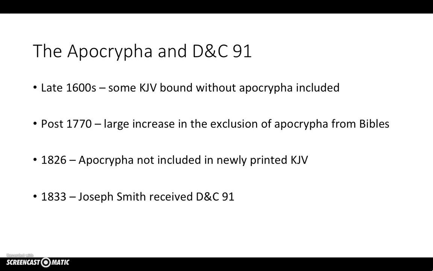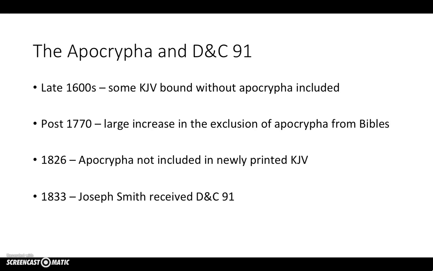Even at that point, though, when the King James Version is first printed, it's translated in 1600, and shortly after 1600, all of the King James versions that are printed include a copy of the Apocrypha, so those books are printed. However, in the late 1600s, they start to print some of the Bibles while excluding the Apocrypha.